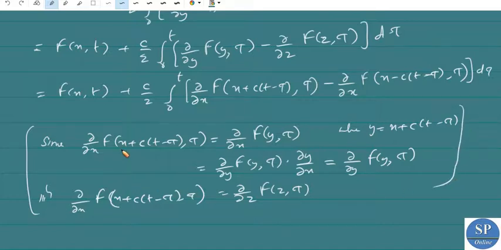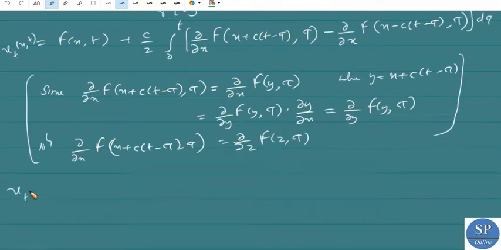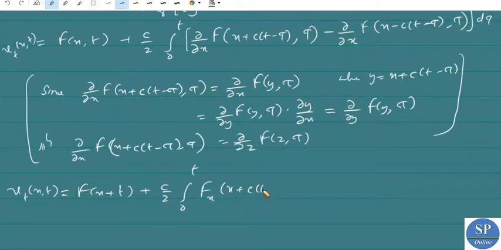Okay, so we have, this is actually Vt, right? So Vt of x comma t is equal to this. So this can be written as: Vt of x comma t is equal to f of x comma t plus c by 2 into integral 0 to t of fx of x plus c into t minus tau comma tau minus fx of x minus c into t minus tau comma tau into d tau.